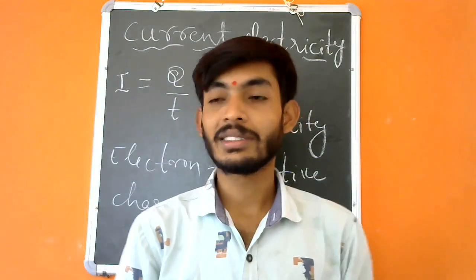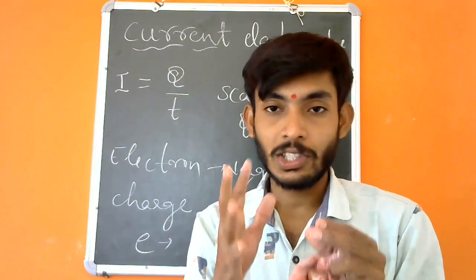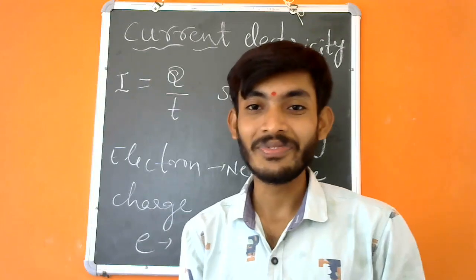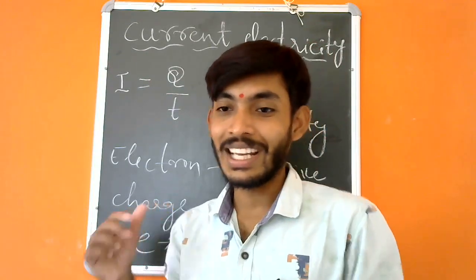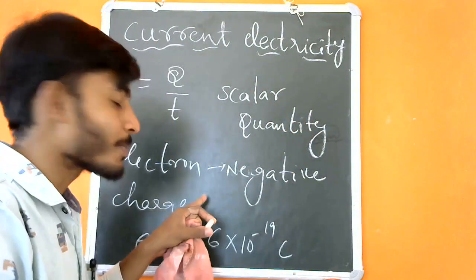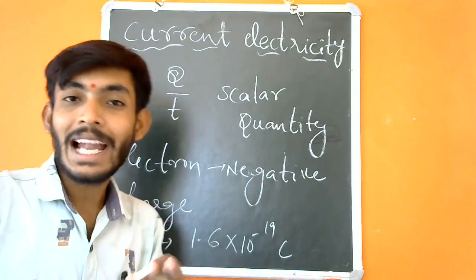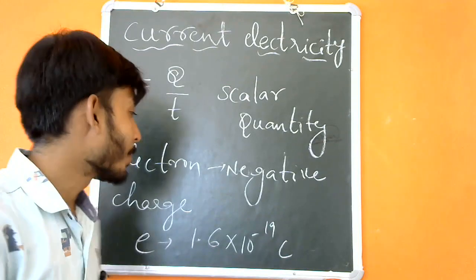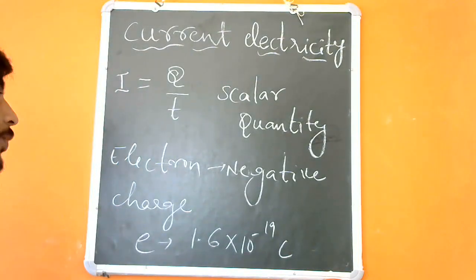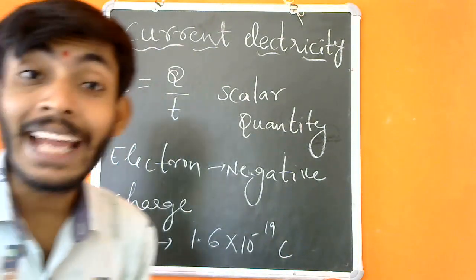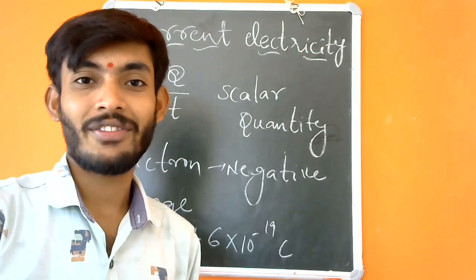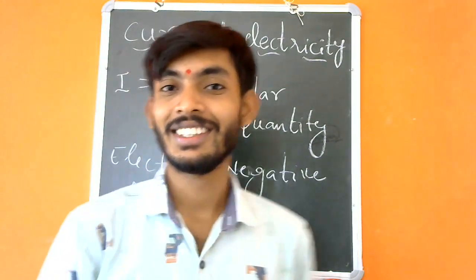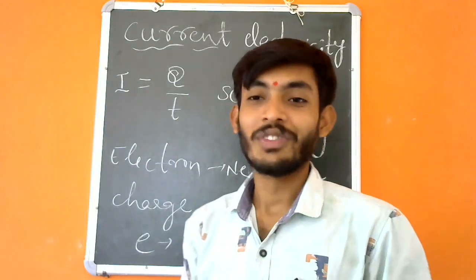So the electron carries the negative charge, which is minus e, where e is equal to 1.6 into 10 power minus 19 coulomb. This is the charge of the electron.